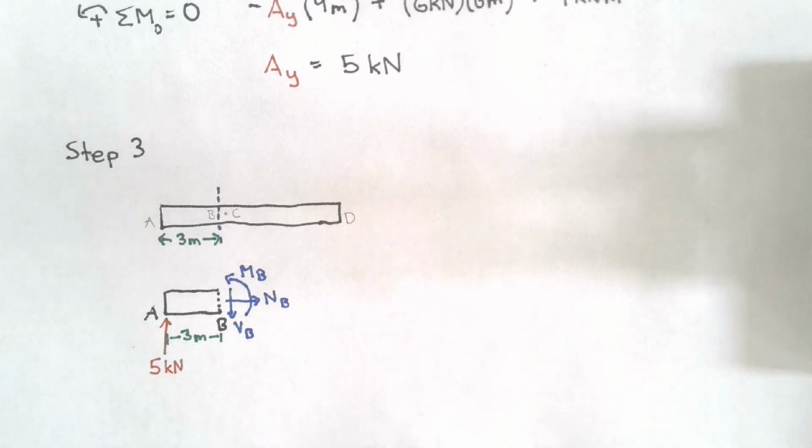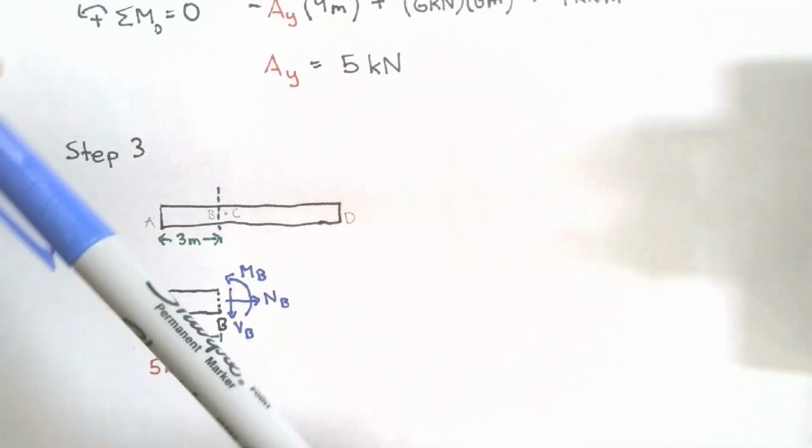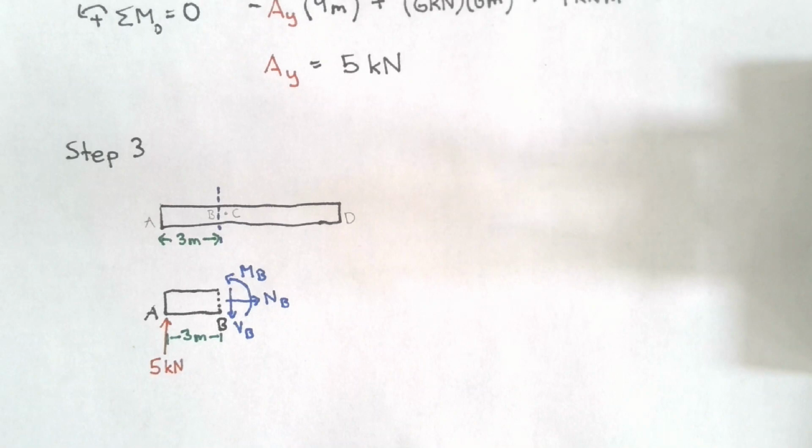But remember that we're always going to take tension forces as positive when it comes to normal forces. We will take our shear force to be positive if it causes your section to rotate in the clockwise direction. And we will take our moment to be positive if it bends your section into a smile, as one of my students put it. Always assume that your forces are positive. That way we can get the right sign convention.